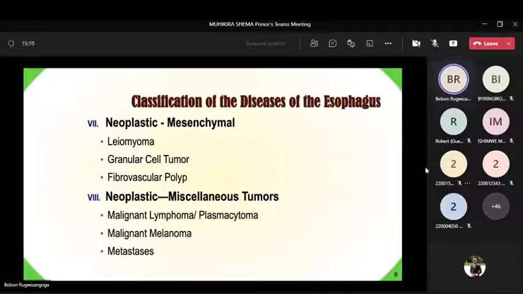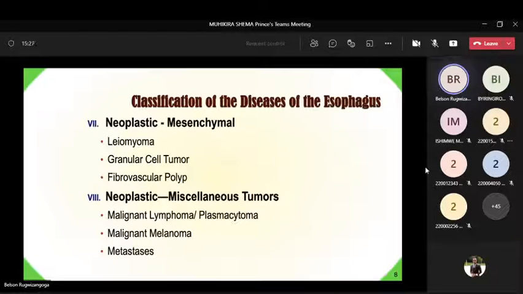So that is in general the discussion. Of course, we cannot mention all of them here because the list is very long. But if we say leiomyoma, it means you can also have a leiomyosarcoma and so on.